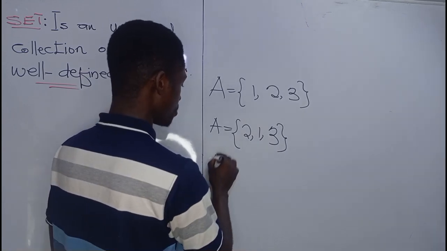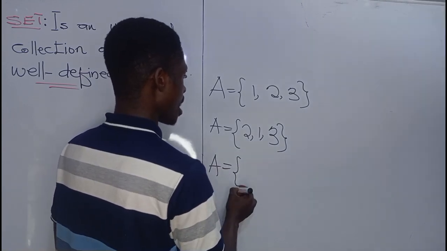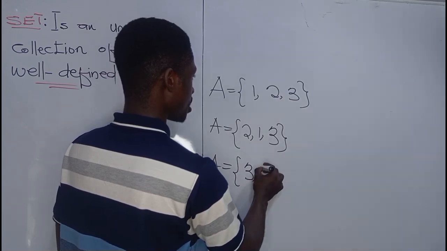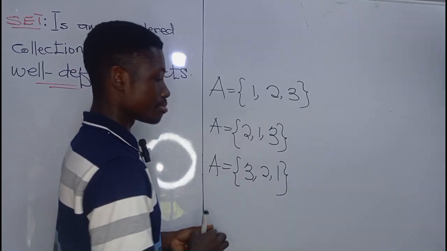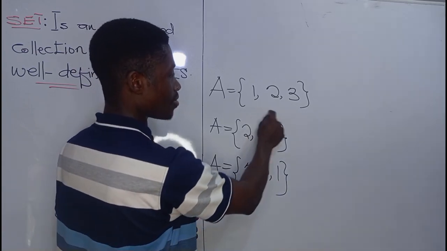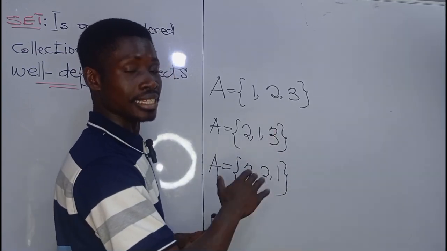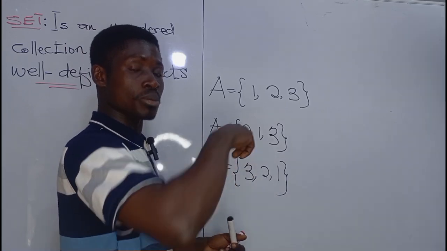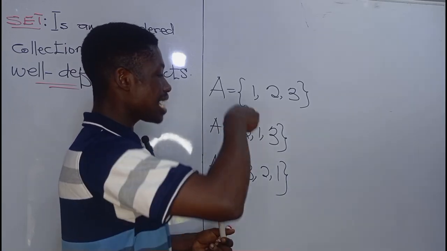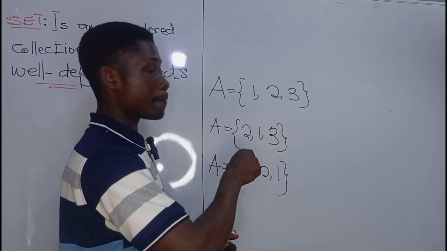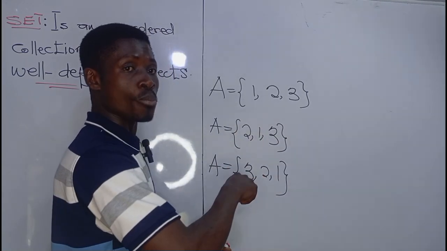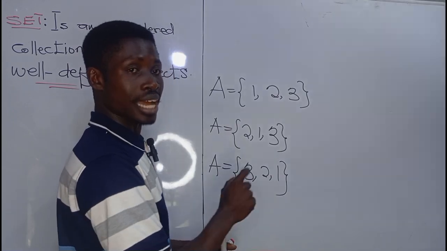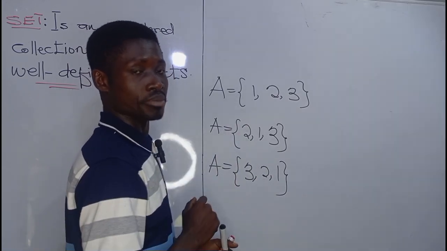I can also decide to write set A as 3, 2, and then 1. The order of arrangement of the element within the set doesn't matter. But the most important thing is that those elements within the set must be intact, or must all be present. So that is the unordered collection.